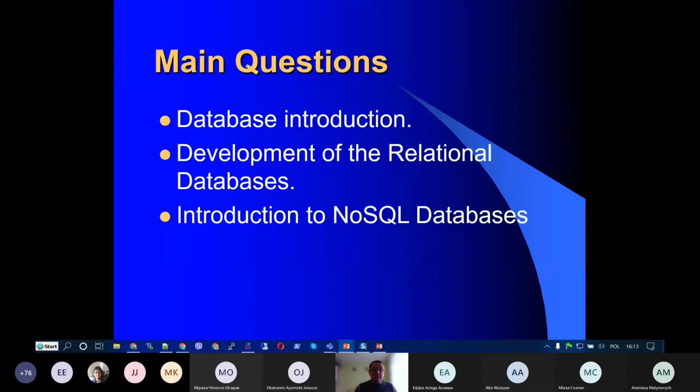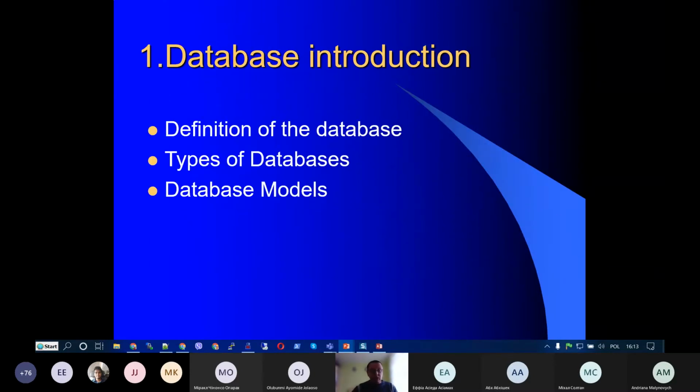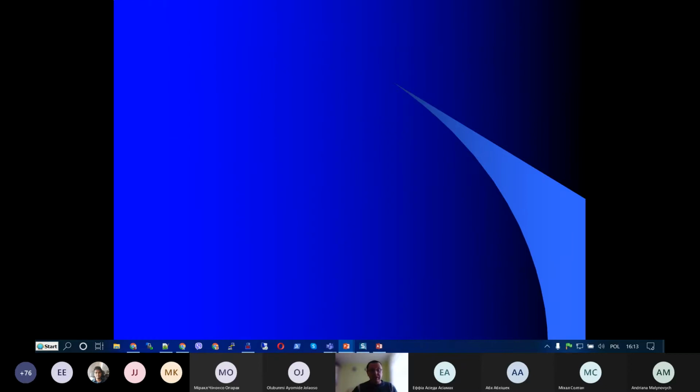So we have to define what a database itself is, and then the major part of the lectures will be dedicated to relational databases, the most commonly used in various practical information systems. And finally, I will try to provide a brief intro about what NoSQL databases are. Okay, definition, types, and models of database.